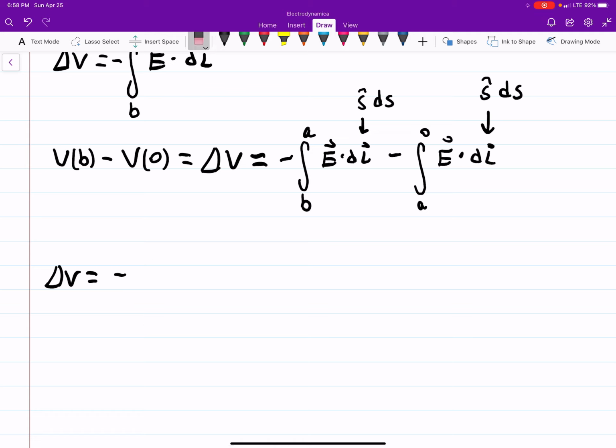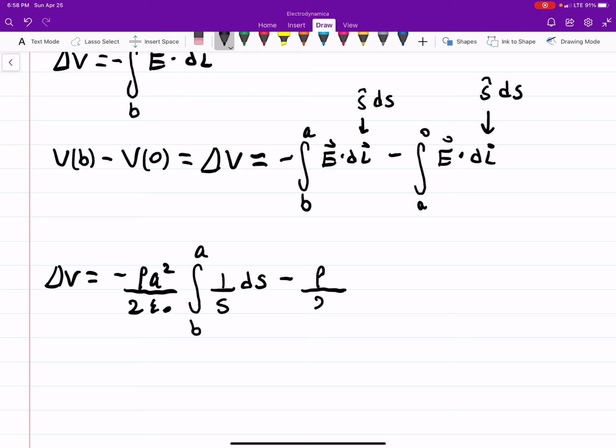And I'm going to go ahead and just factor out our constants. So rho a squared over 2 epsilon naught, the integral from B to A, 1 over S ds, minus 1 over 2 epsilon naught rho, the integral from A to that centerpiece, S ds.